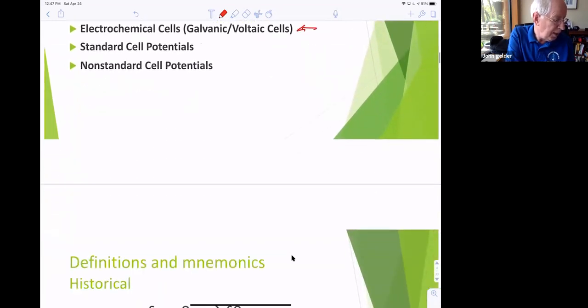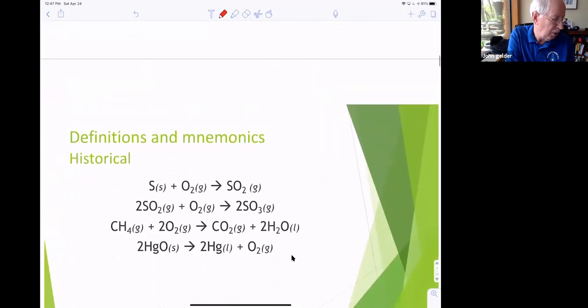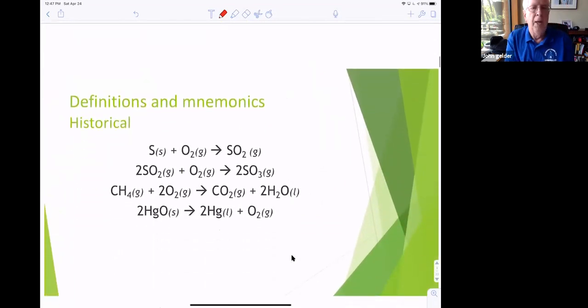And it's something that we have to be able to look at pretty quickly. And one way to tell whether a reaction is an oxidation reduction reaction is to focus on elements. If we have an element in a chemical reaction, that reaction is going to be an oxidation reduction reaction.